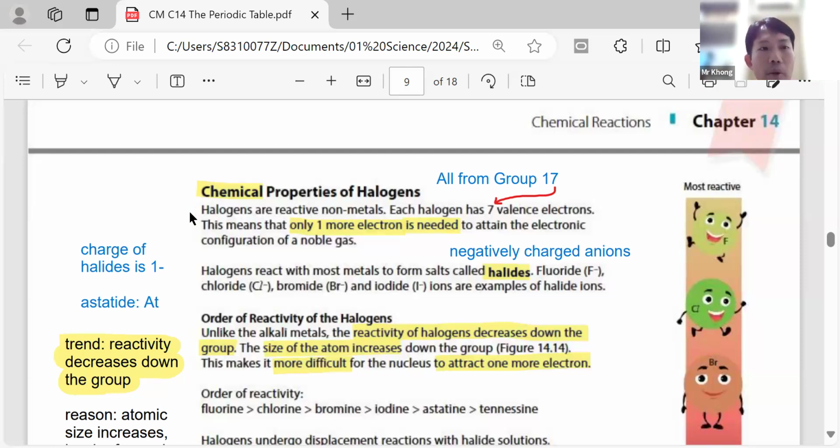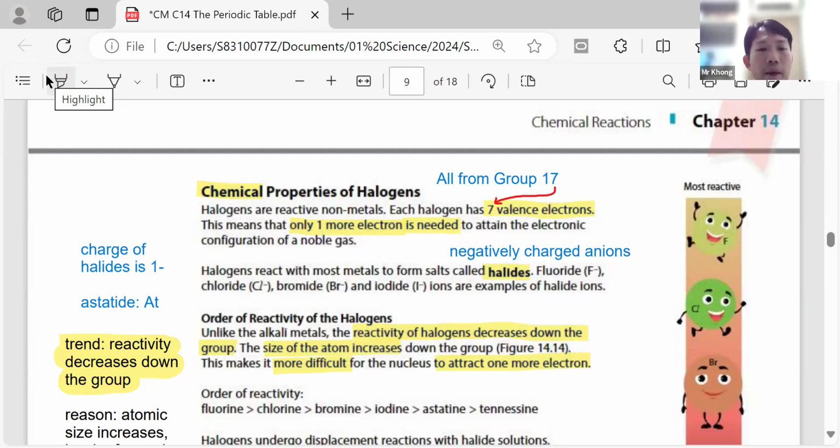Okay, therefore, what they need to have is just one more electron in order to have the electronic configuration of a noble gas. And because they have the ability to attract that one electron, the charge of the halides, which is the name that we give the anions, will always be -1.